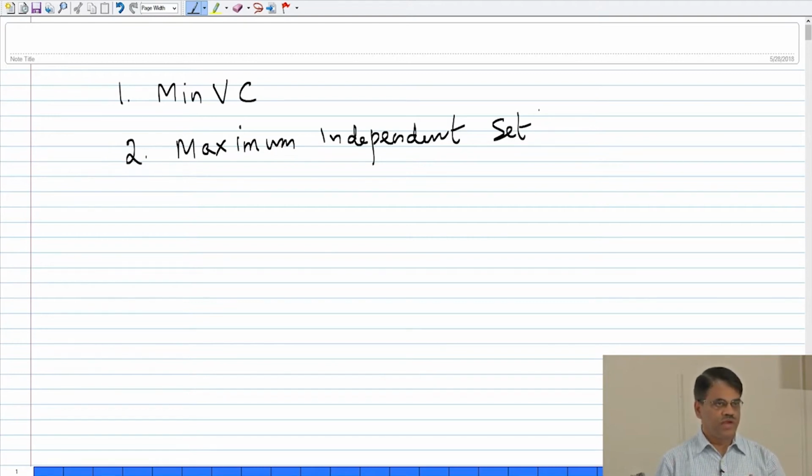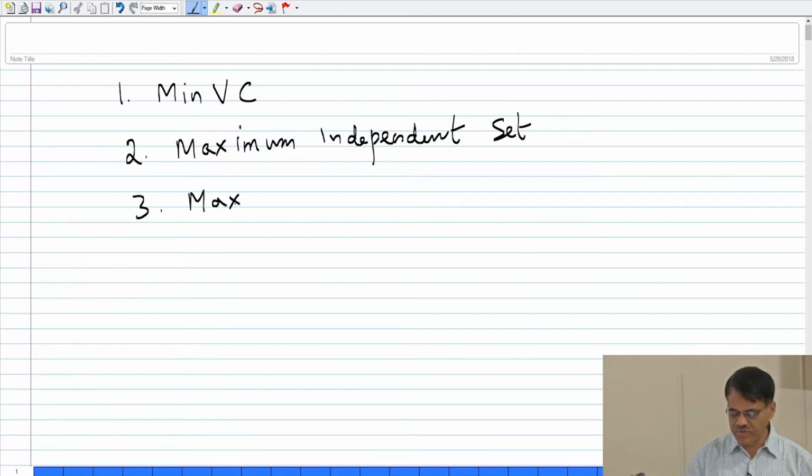You can always find maximum or minimum; sometimes maximum makes sense, sometimes minimum makes sense. Minimum does not make sense in this case. Why? Just a single vertex is an independent set by itself. So, the interesting optimization question is, given a graph, find a maximum independent set.